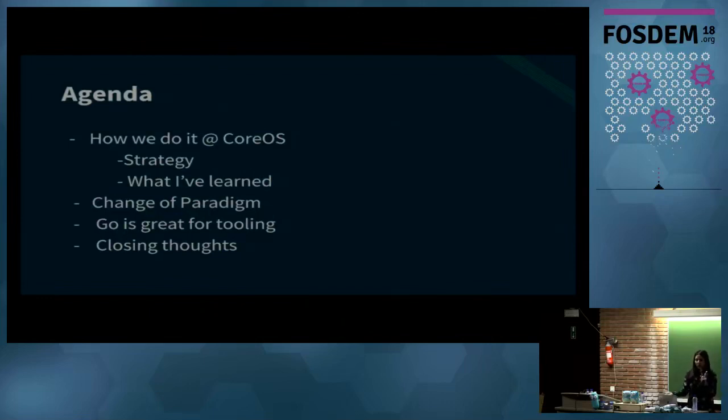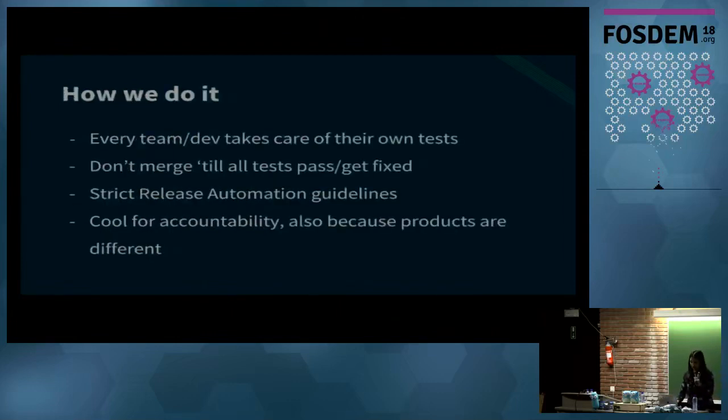Then why Go is great for tooling, because in the end, this is not the CoreOS room. This is not the testing room, so I have to explain why Go is great for this, and some closing thoughts.